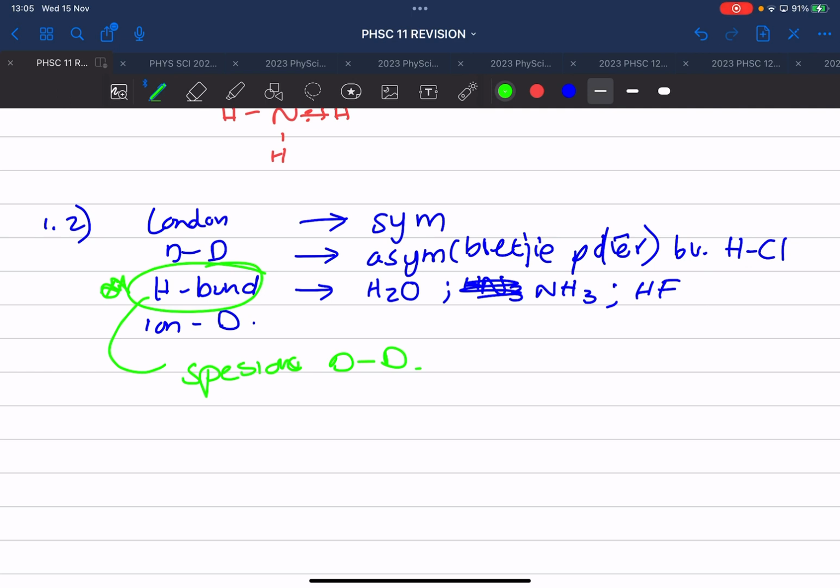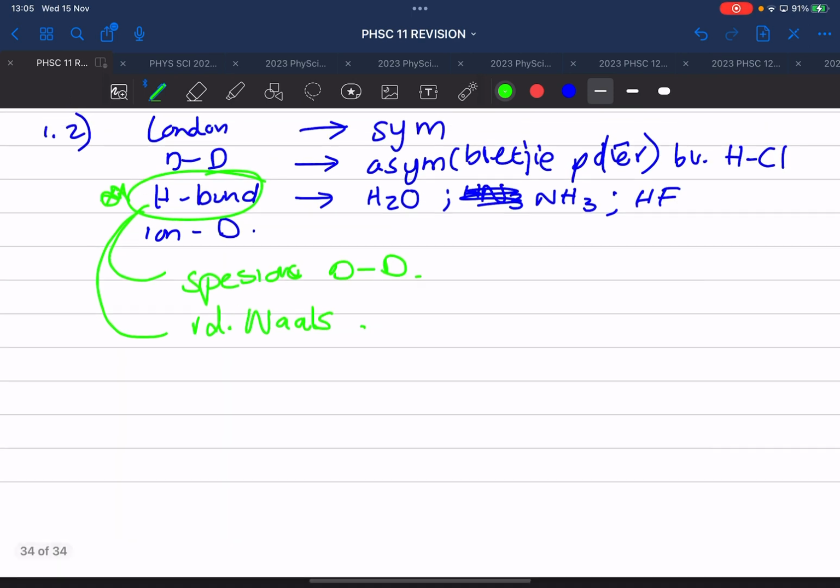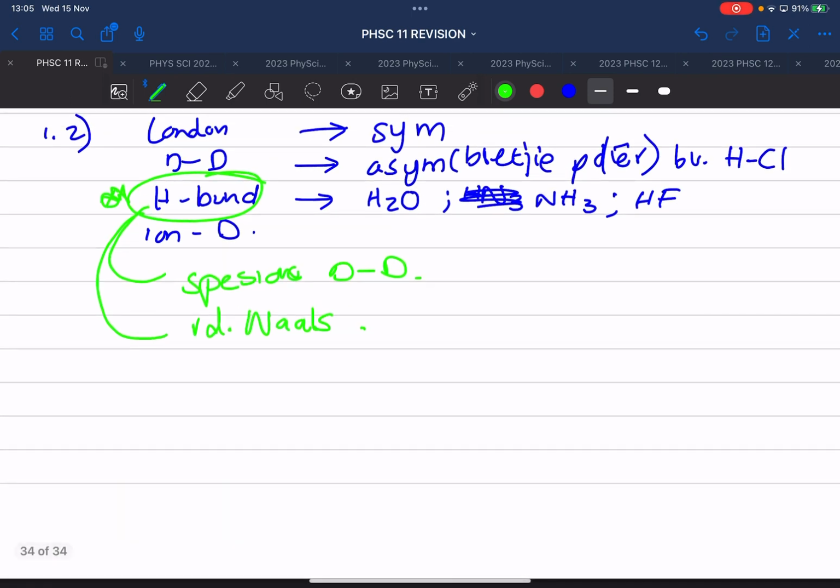So I would have taken dipole-dipole, and it is also van der Waals forces. London is a van der Waals force.